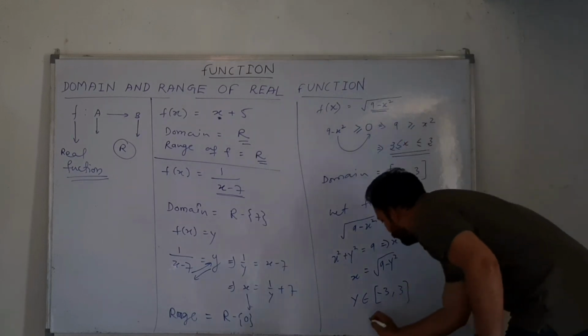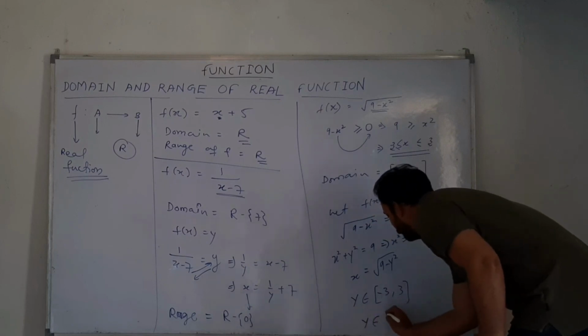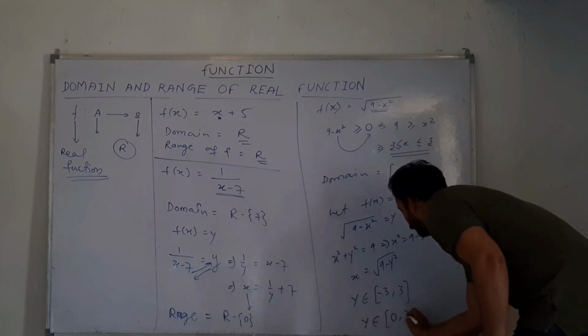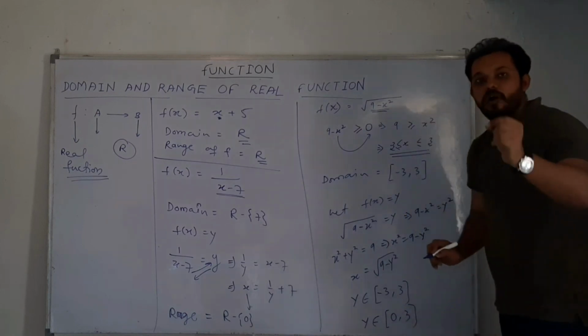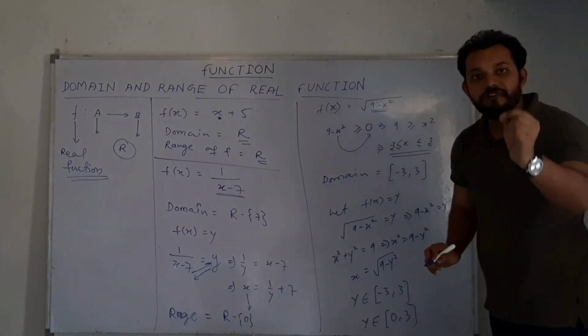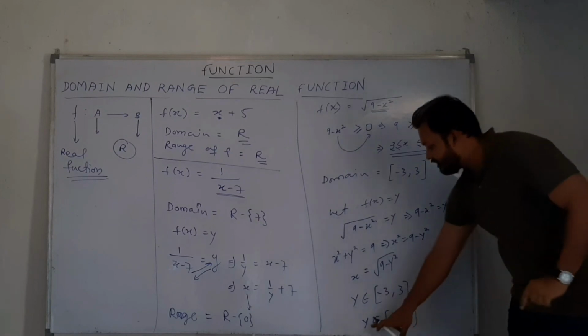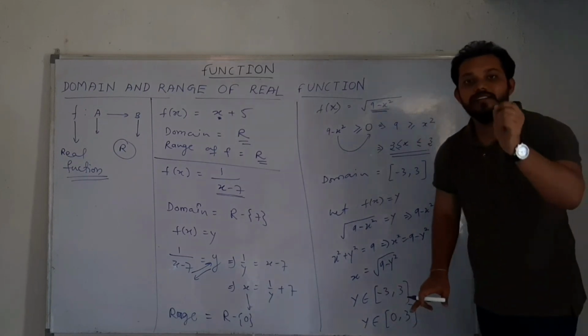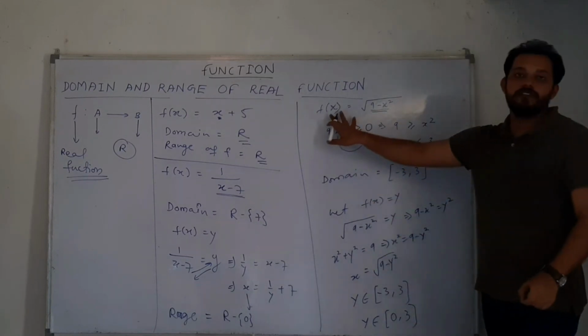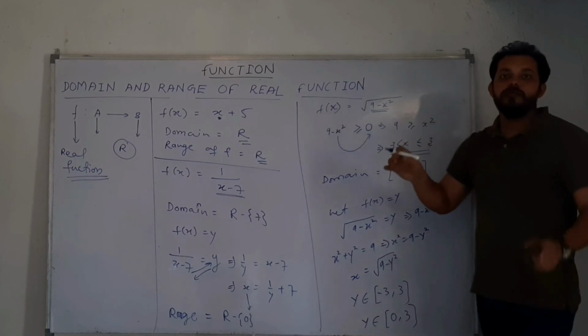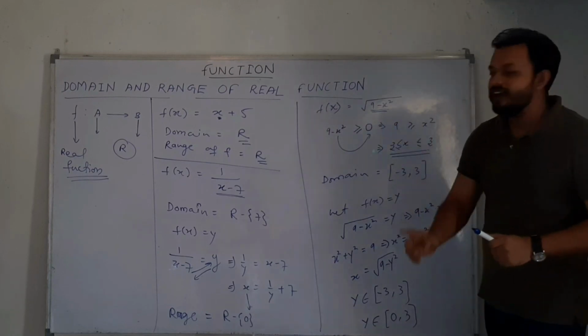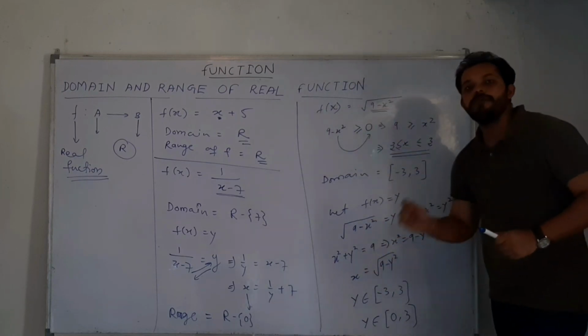Hence finally we will get the value of y which belongs to 0 to 3. 0 to 3 means all the positive values, and this y is the range of the given function. This is how we will find the domain and range of this type of function.